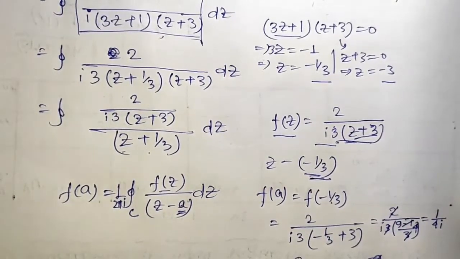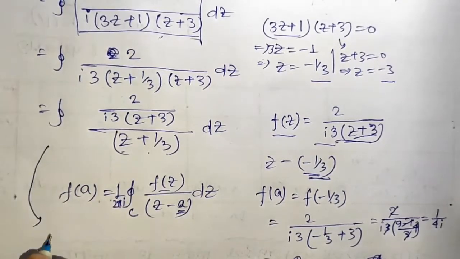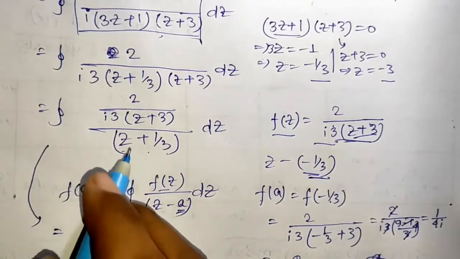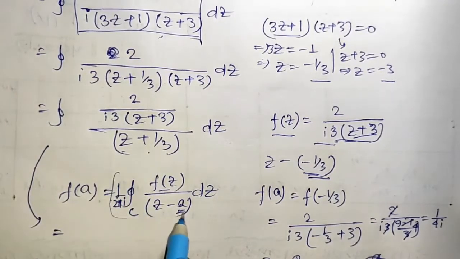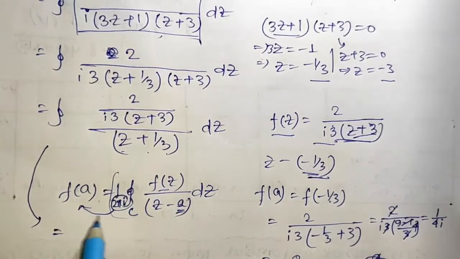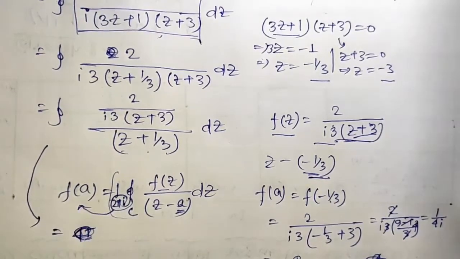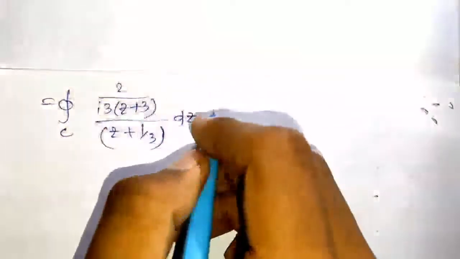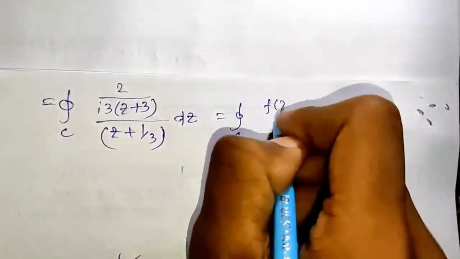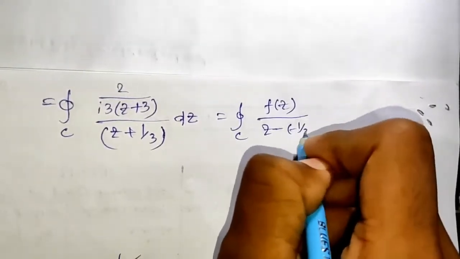Now we can write this as, this 2πi we can move here, so we can write the integral over C of f(z) by (z minus 1 by 3) dz.